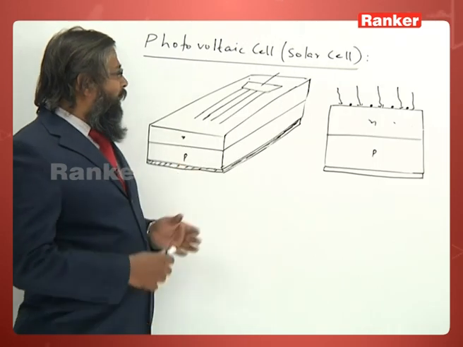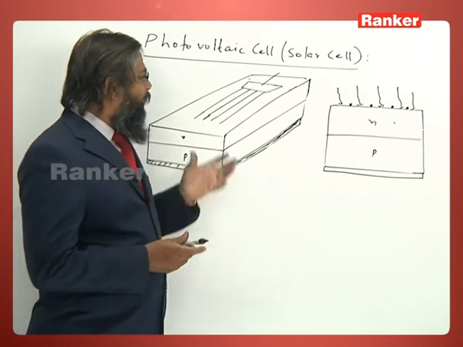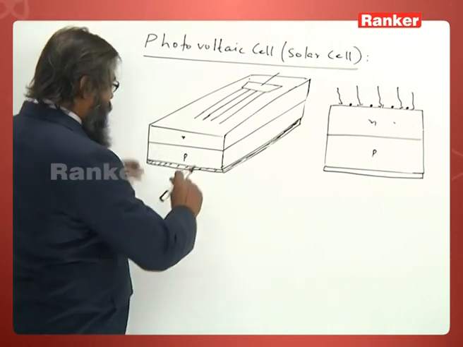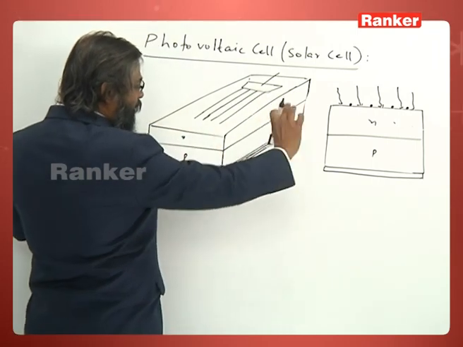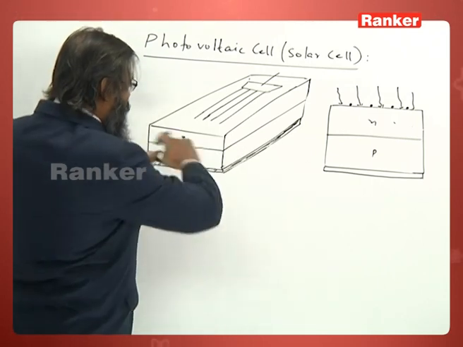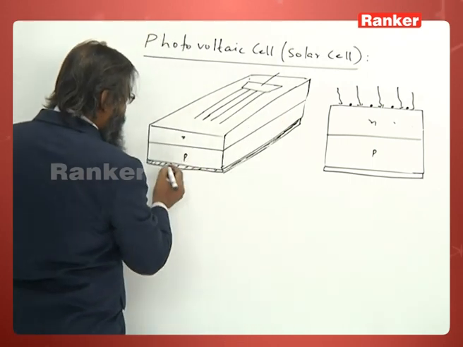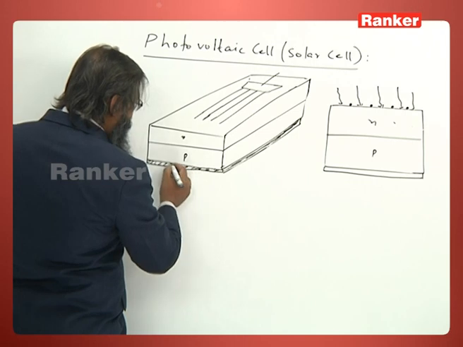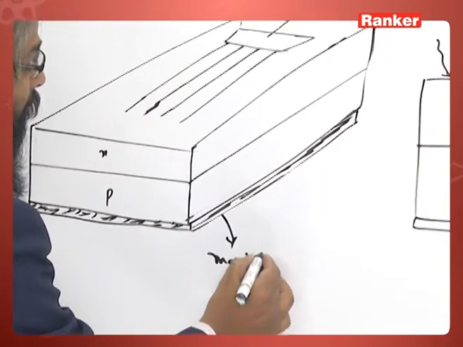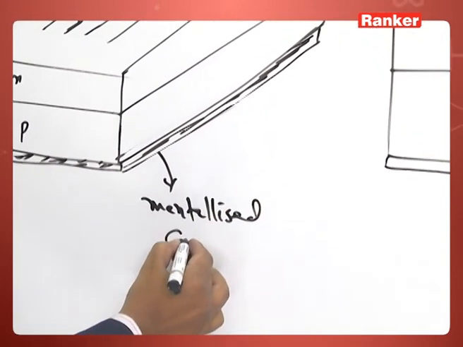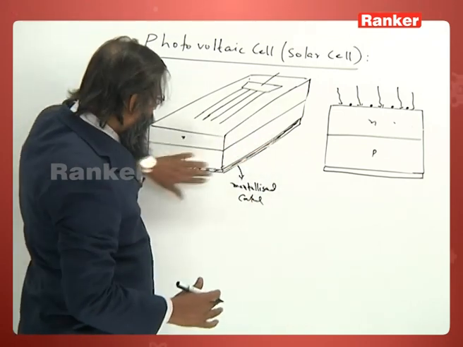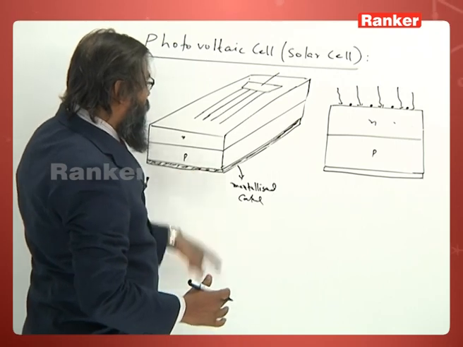Now, let us see the constructional details of a photovoltaic cell, the solar cell. Here this is a PN junction in the form of a sheet, the thickness is very small and the surface area is very large. This is P type. The bottom of the P side is metallized, a metal is deposited on the whole area for a contact.